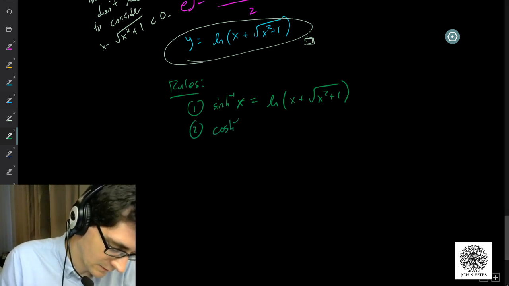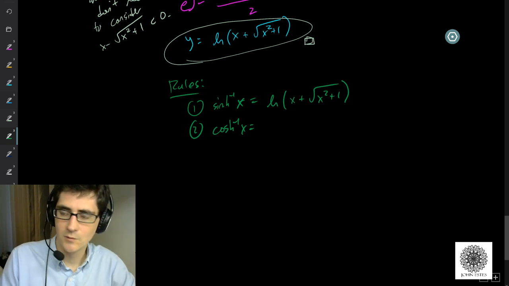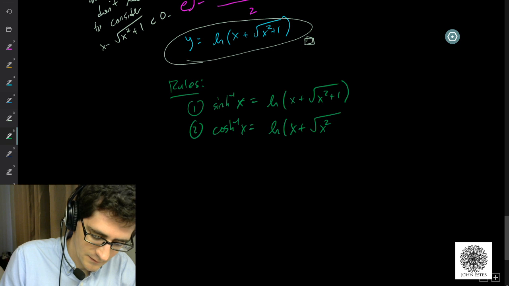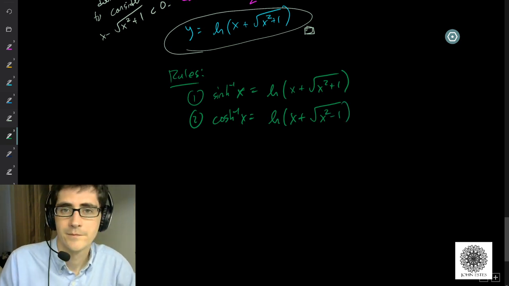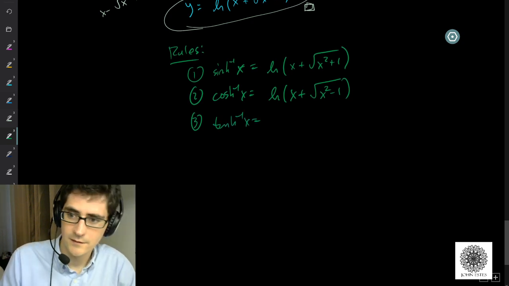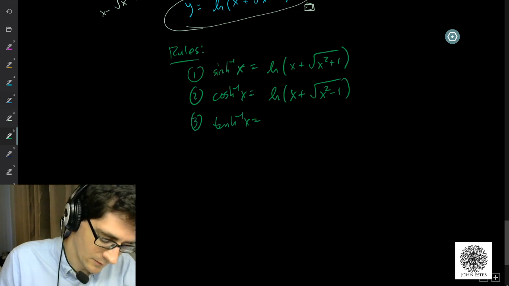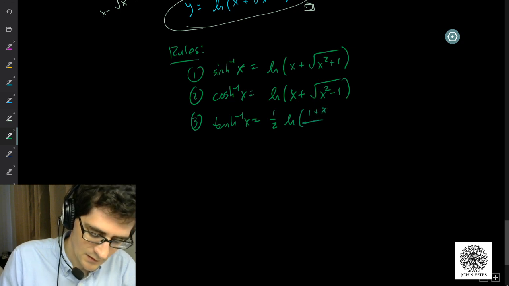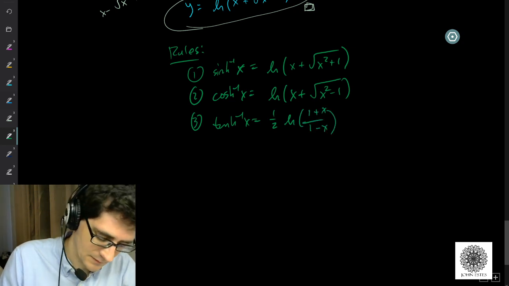Now cosh inverse of x, in a similar way, is going to be ln of x plus the square root of x squared minus 1. And tanh inverse, just by the definition of what tanh is, gives us 1/2 ln of (1 plus x) over (1 minus x).